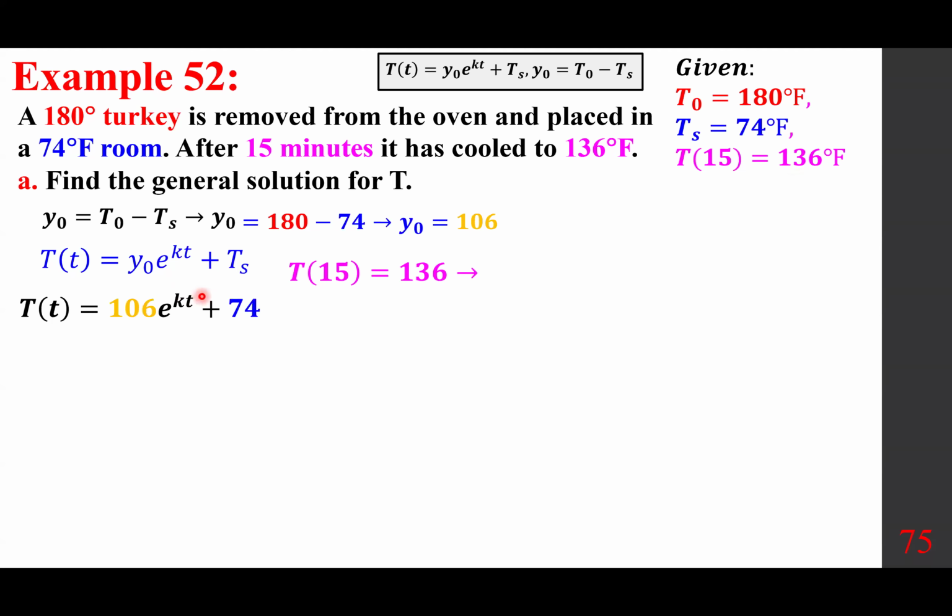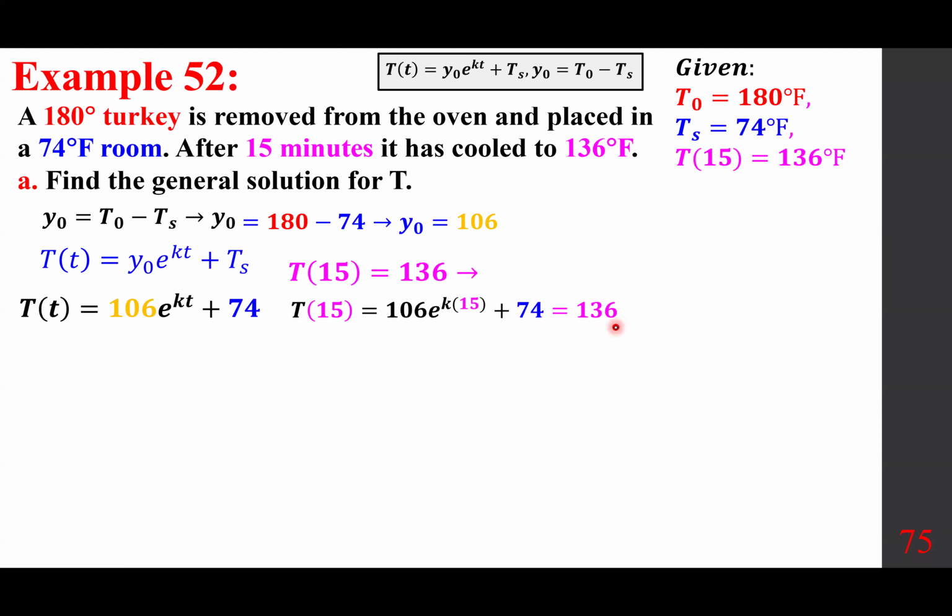So if I replace the T with 15, then this one I have to replace it with 136. So again, T of 15 is 106 e to the power of K times 15 plus 74 is 136.